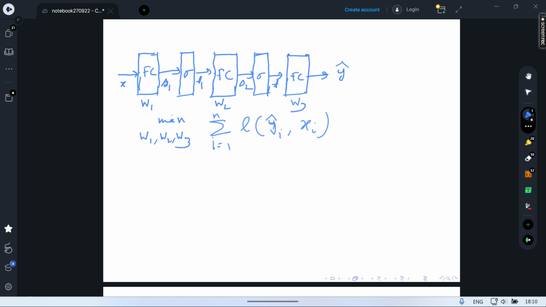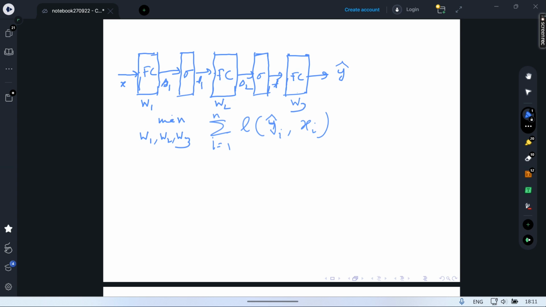So our objective during the training of the deep neural network is to minimize this cost function or loss function with respect to its parameters.